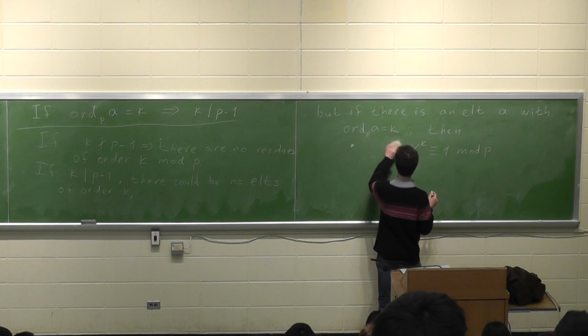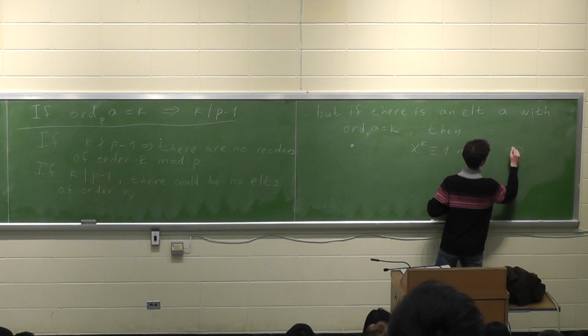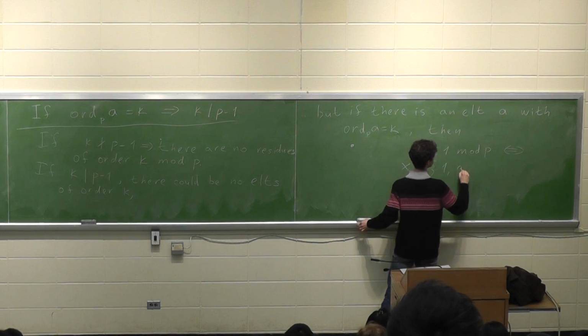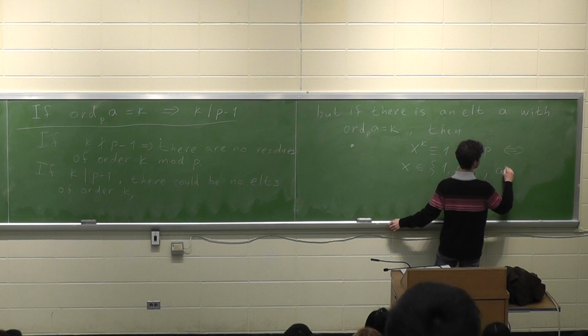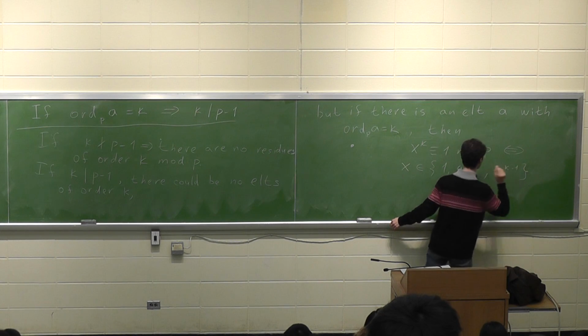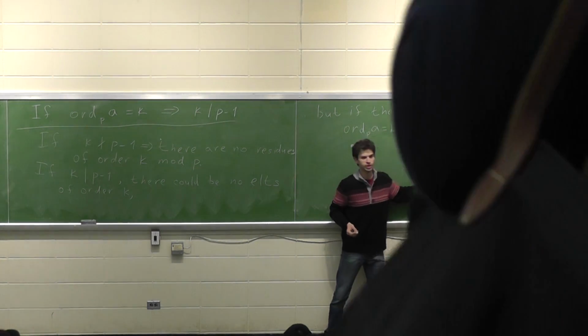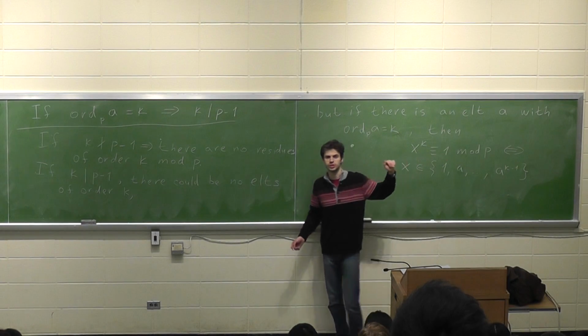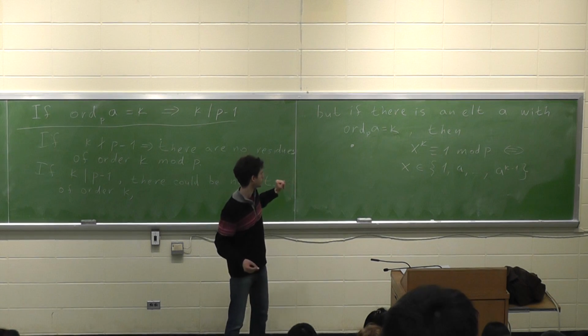Then x to the power k is equal to 1 if and only if x is one of the following: 1, a, up to a to the k minus 1. So a raised to any power is a solution of this equation, and in fact these are all the different solutions. There are k solutions here.